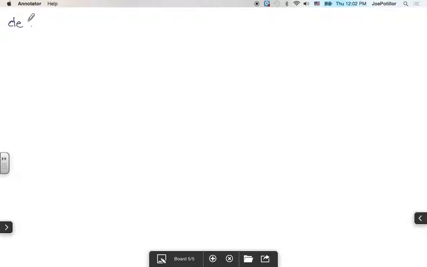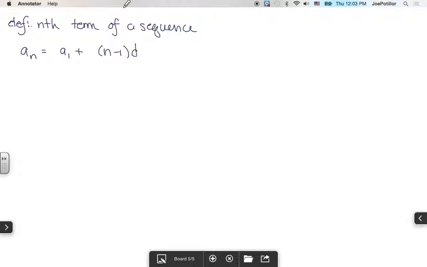And the definition of an nth term of a sequence: A sub n is going to equal the first term plus n minus 1 times D. This equation can also be written, and your book gives it as a form of a linear equation: A sub n is equal to dn plus c, and in reality it's just the same equation.